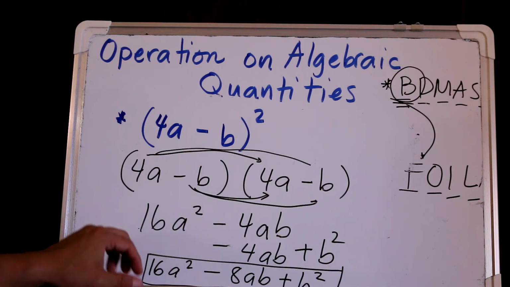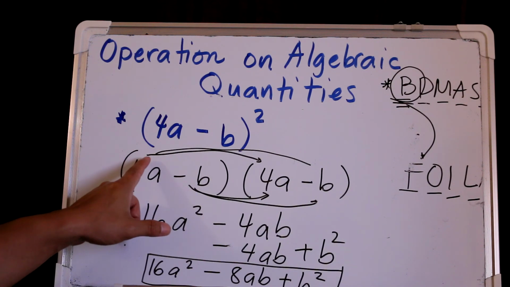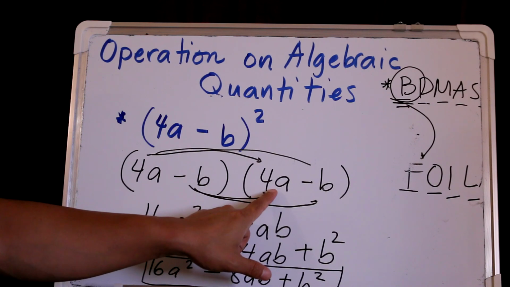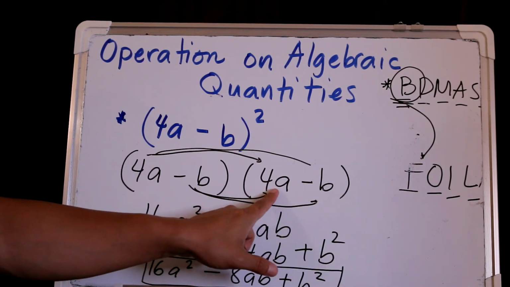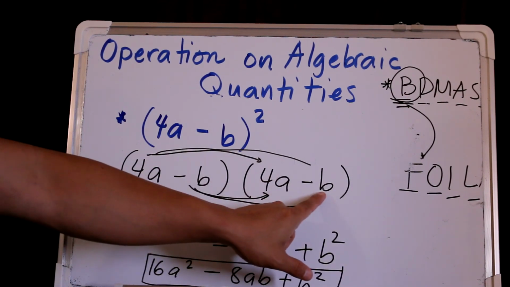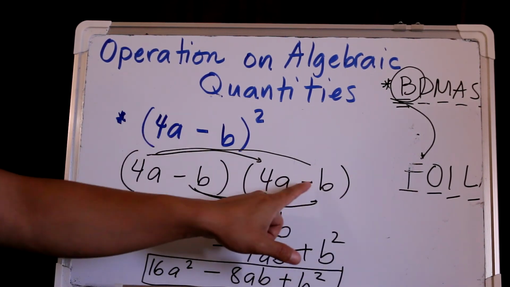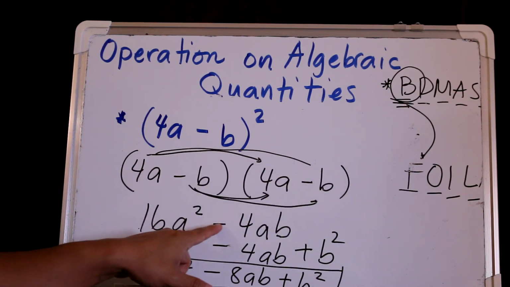Alright, so again, what do we do? 4a goes to this 4a here, and then 4a goes to minus b, so FOIL. So actually there is a 1 here, so that is why it becomes a minus.